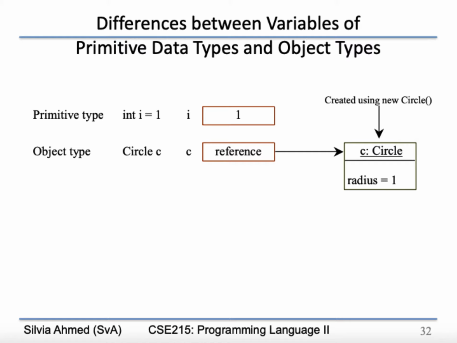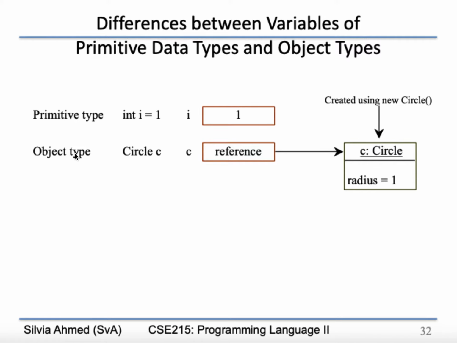So the difference between variables of primitive data type and object type is the same as what we have seen in array, because array is also a reference type. So why do we call some types primitive type? In primitive type, when we assign int i equals 1, inside our memory some specific memory location will be addressed as i. That means that particular address will be stored in the address table as i, and in that particular address we will have our value 1, directly the value 1.